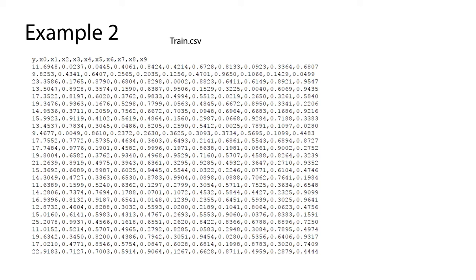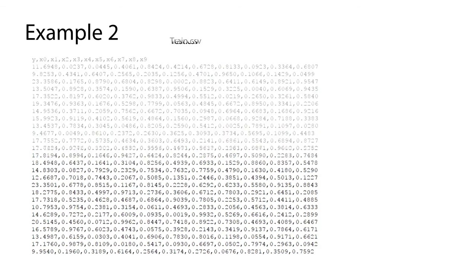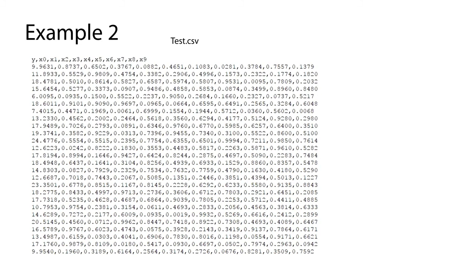This is also quite useful, obviously, if you don't have that many zeros or missing values in your data. So in the example I've shared, you have a train CSV and a test CSV, with 10 features and the target variable in the beginning.